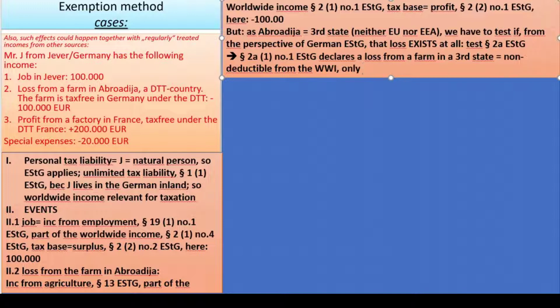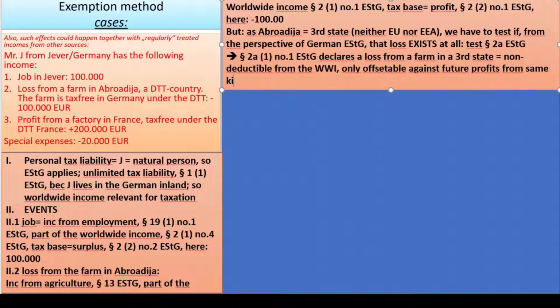Only offsettable, if one can say that in English. If not, it's a hapax legomenon, a word said only once, which I coined just now. Only offsettable against future profits from the same kind of activity in the same country.